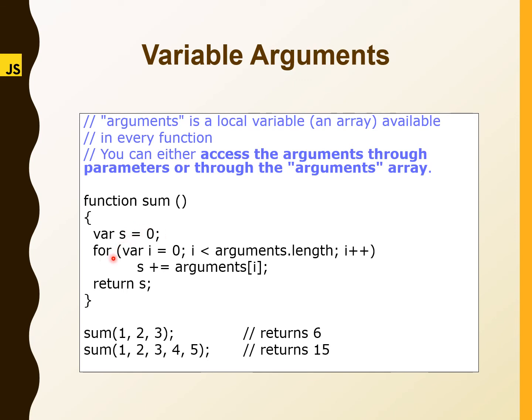After that, a for loop contains an iterating variable i with initial value 0. Then the condition for iteration is i less than arguments.length. Then the iteration is i++. Inside the for loop we have a single statement, s += arguments[i]. Then a return statement marks the end of the function.